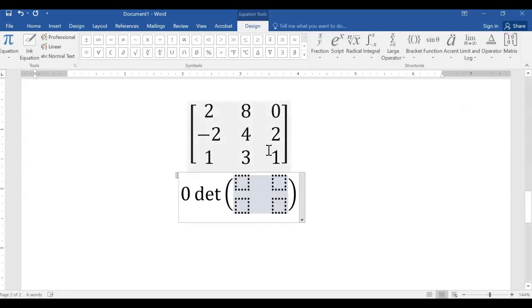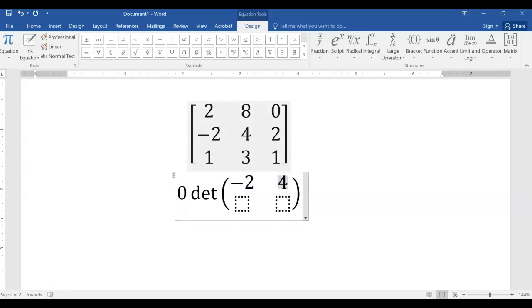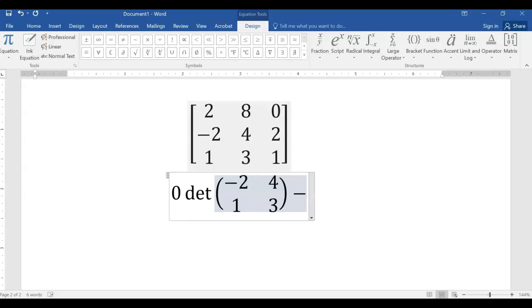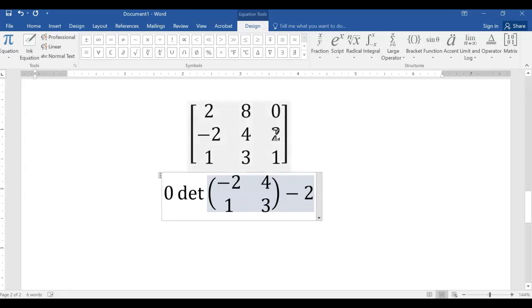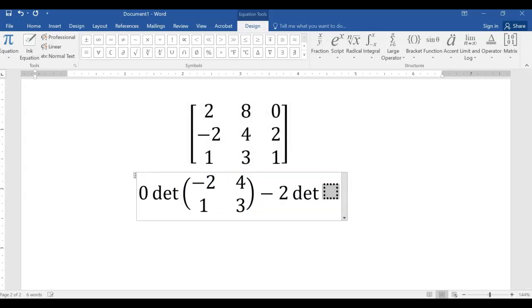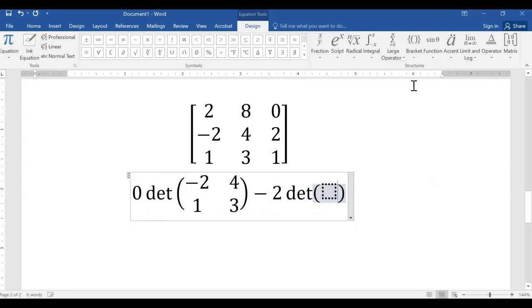I guess I'll write it down even though it doesn't matter. By the way, this is in the first row, third column, so that's going to be a plus 0 times the submatrix negative 2, 4, 1, 3. By the way, if you expanded along the first row, you'd have been just fine. That'll be a minus 2, second row, third column, times the determinant of, what's that submatrix going to be?